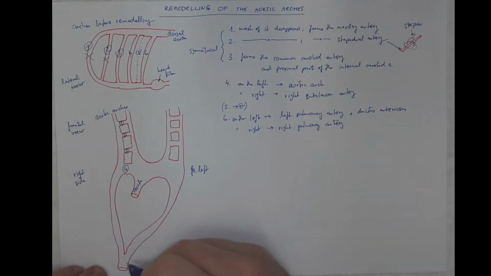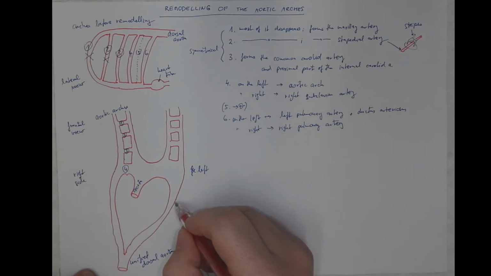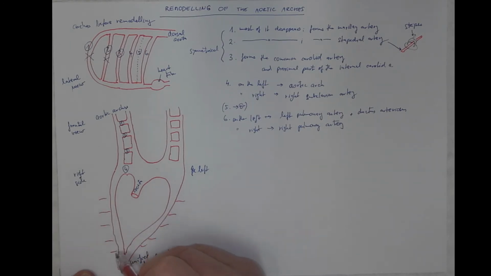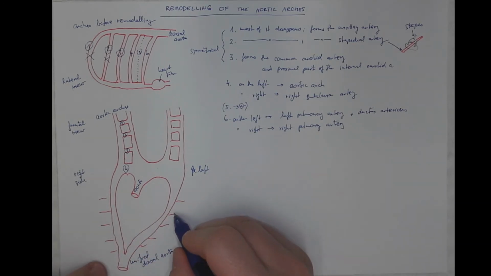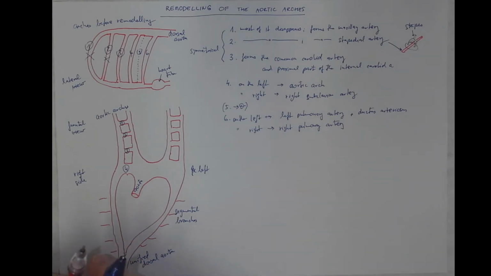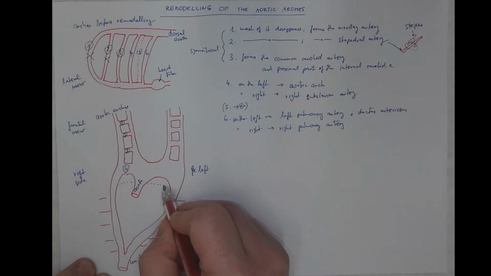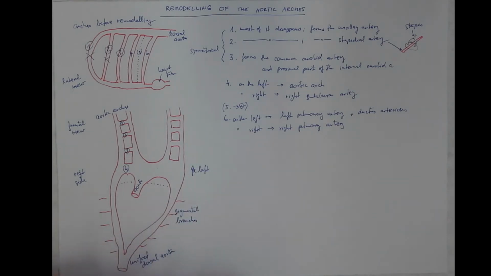This will be the unified dorsal aorta. There will be also some segmental branches. And let me add the fifth arch, which is rudimentary and does not develop, and the sixth.